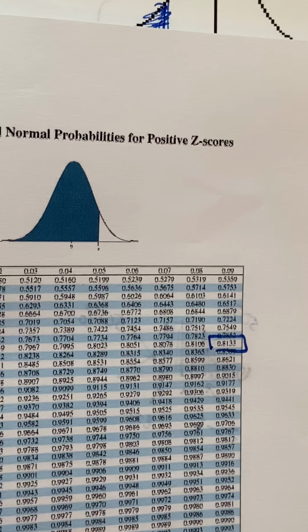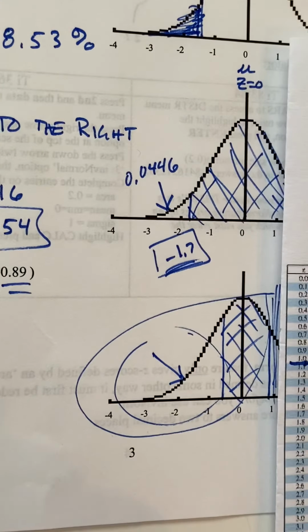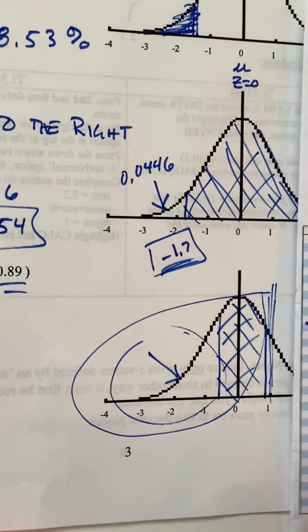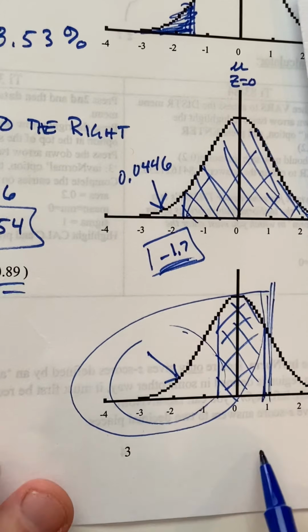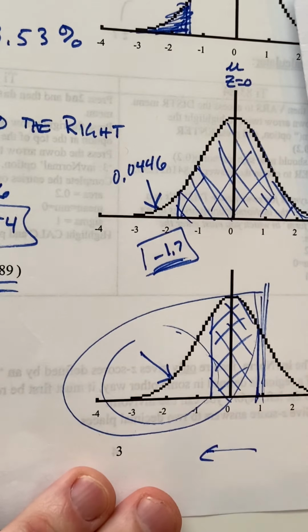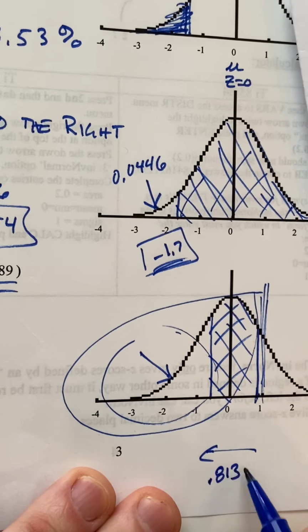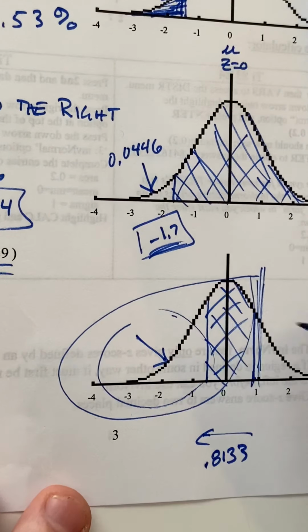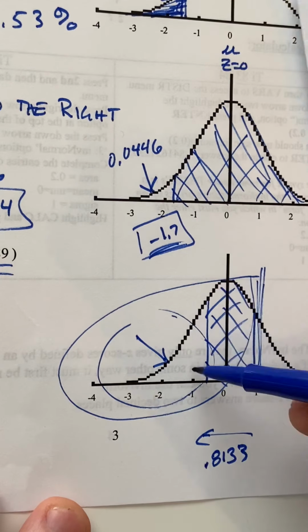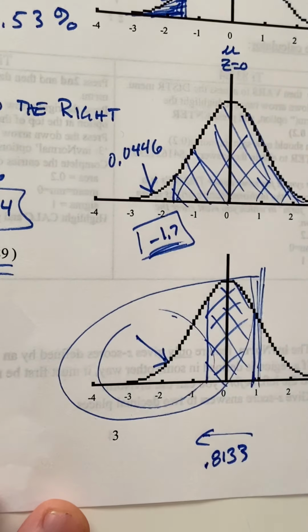And we get 0.8133. So the area to the left of this score is 0.8133. Does that make sense that it's bigger than 50%? That's all of this area.